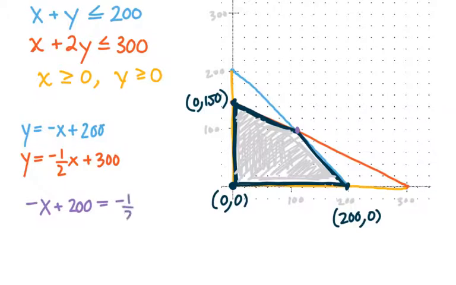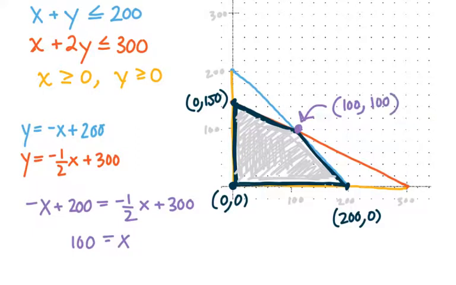So I'll say negative 1/2 x plus 300. Solving that, I will get that 100 equals x, which lets me know that this vertex point right here is 100 for x, and plugging 100 into either of these equations, you get 100 out for y.